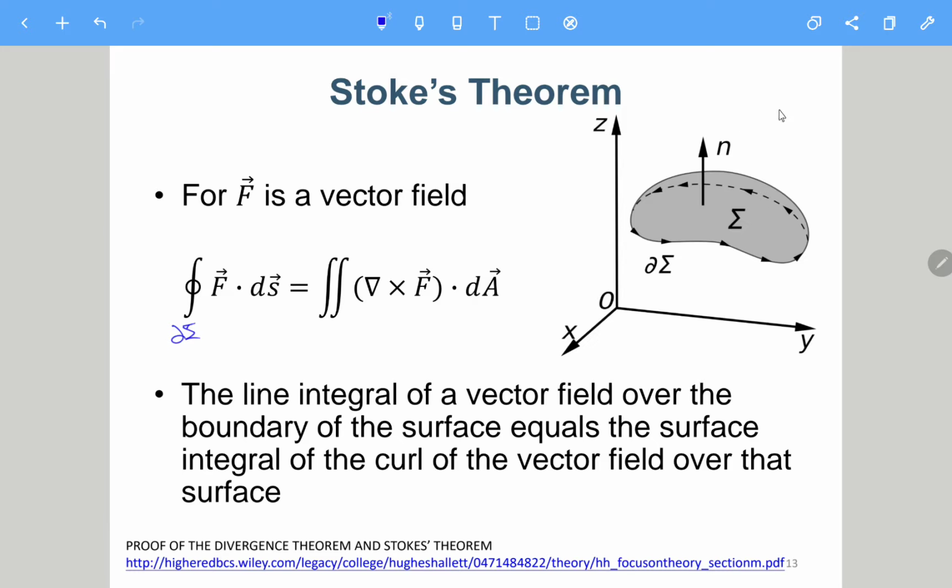Of course there is the f vector over the whole space, and then on the right side we try to evaluate the curl of f, and calculate the double integral of the curl of f over this area. This area is bounded by this closed loop, so we call this area sigma.